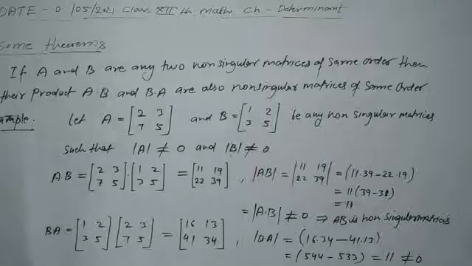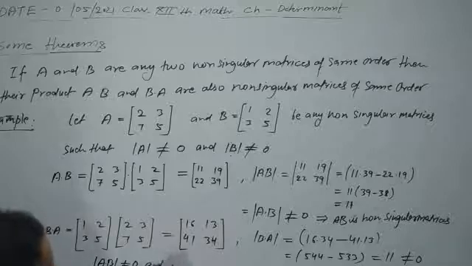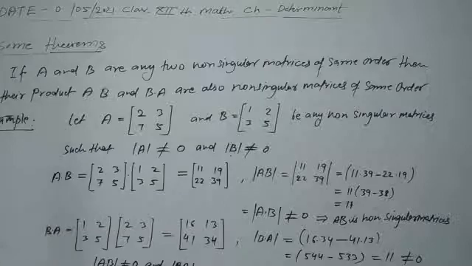So now determinant of AB is not equal to 0 and determinant of BA is not equal to 0.